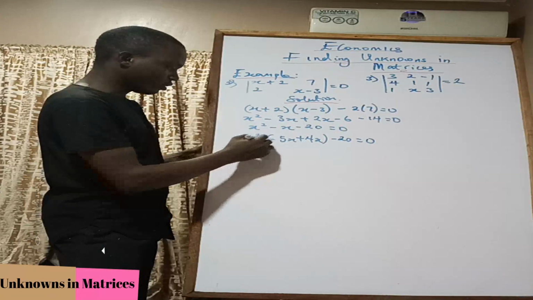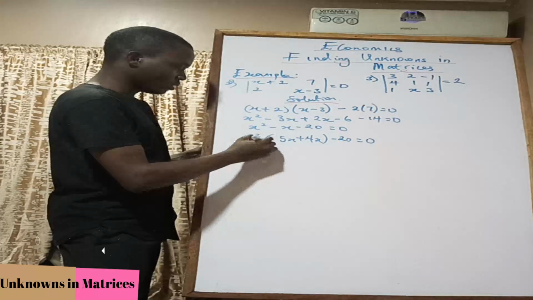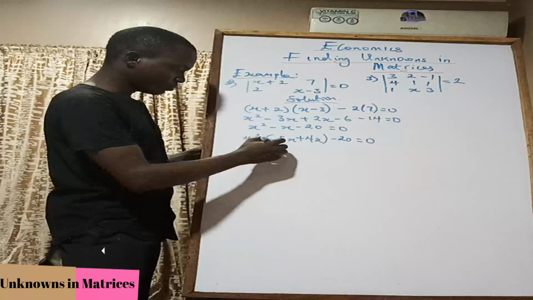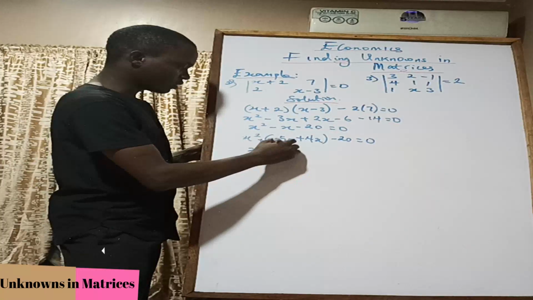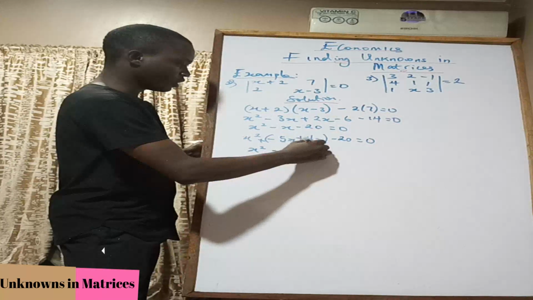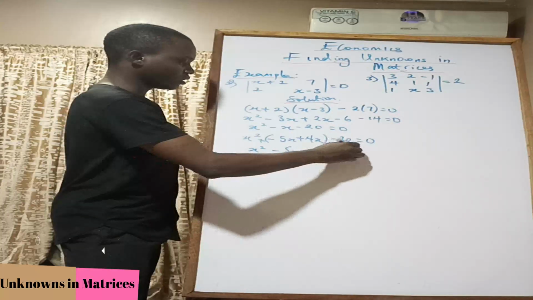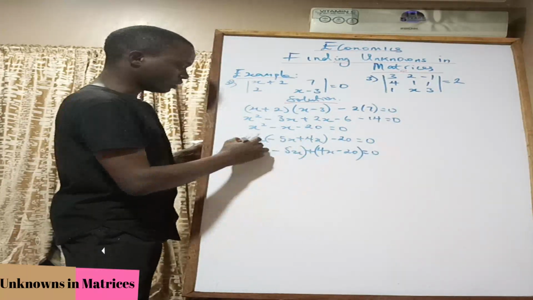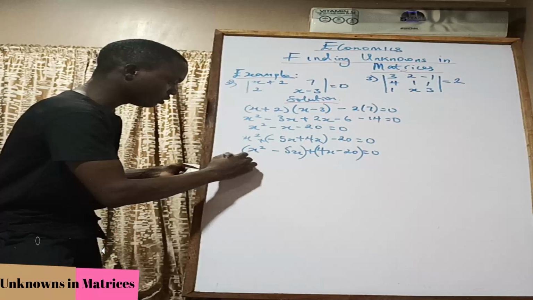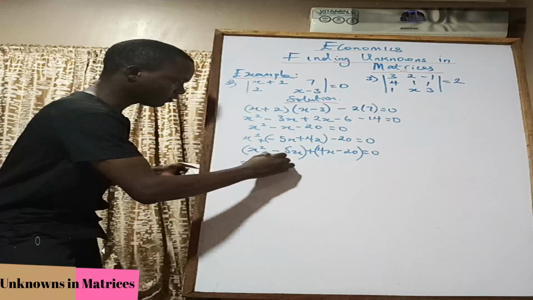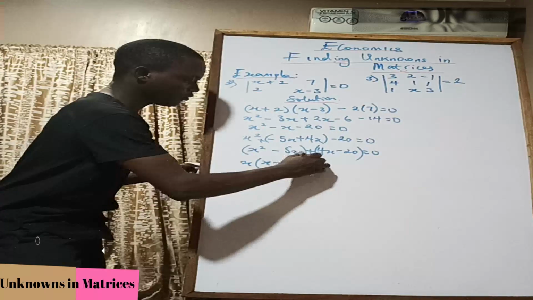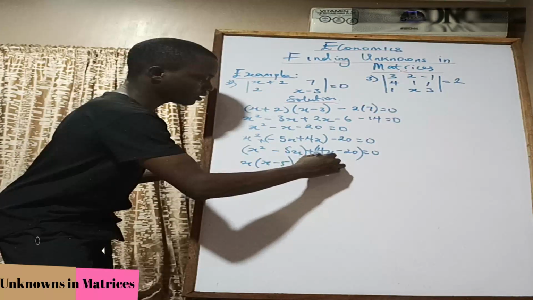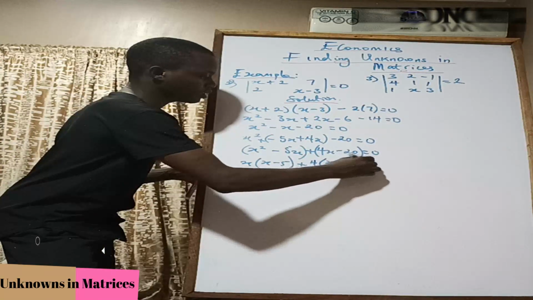So we have x squared, minus 5x, then plus 4x, then minus 20 equals 0. Collect like terms: x into bracket (x minus 5), then plus 4 into bracket (x minus 5) equals 0.